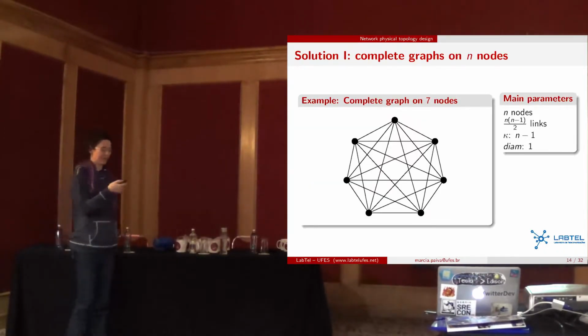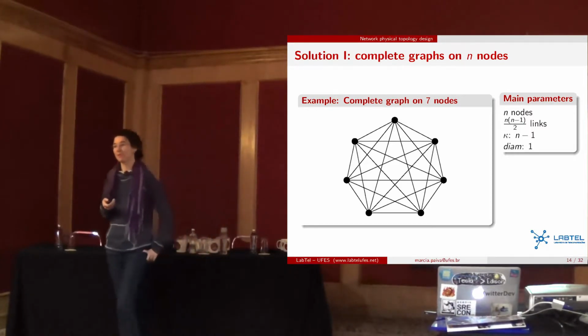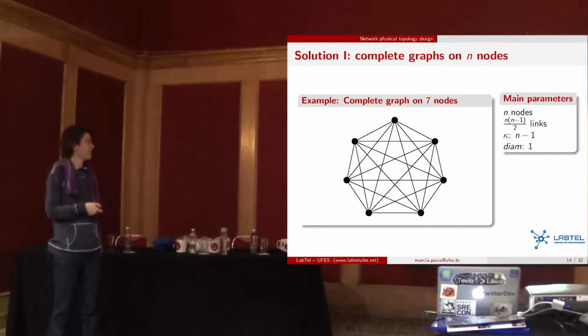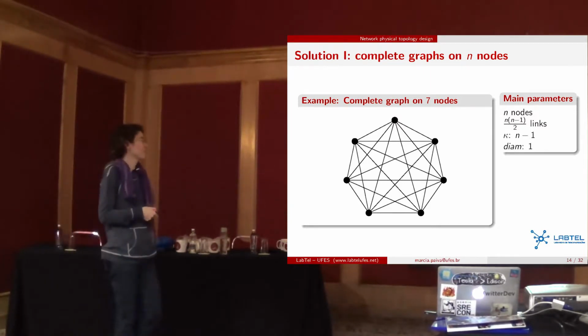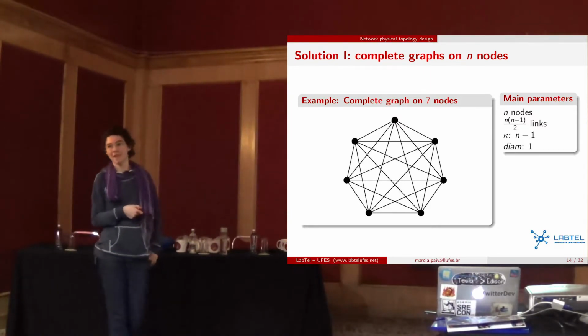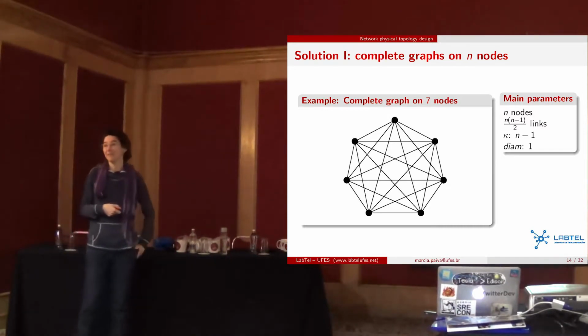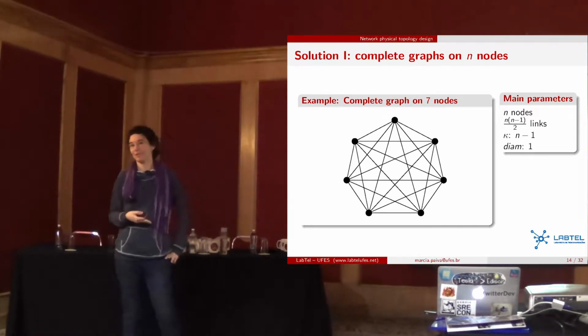Obviously, if you don't have constraints about the network cost, we could use this solution for the network design. That is a complete graph. Because if you don't have constraints about the number of links, we could have the least possible diameter and the largest possible node connectivity.